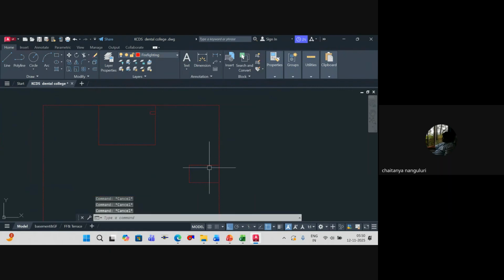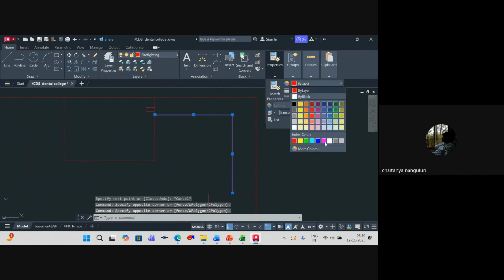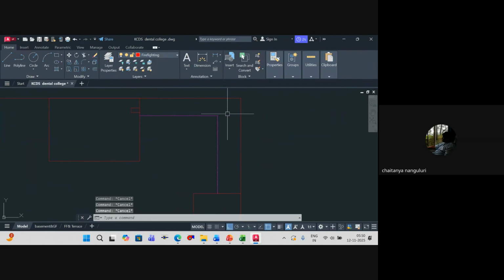Let's take an example. And this is the staircase exit to external. If this is a fire escape exit into your building or into your basement, whatever it is, it's mandatory to have a fire exit path separately for this. 2 hours fire rated, it should be provided.